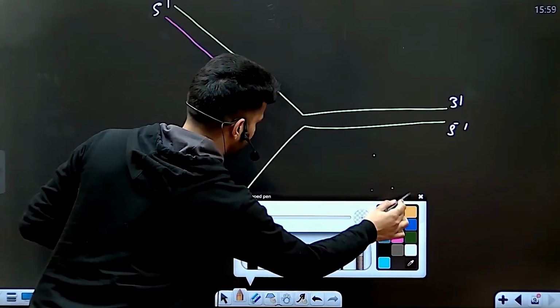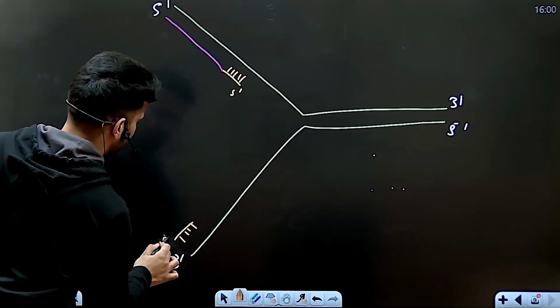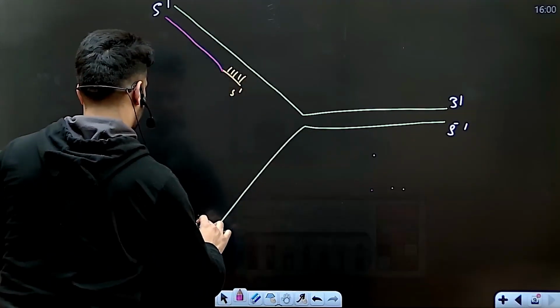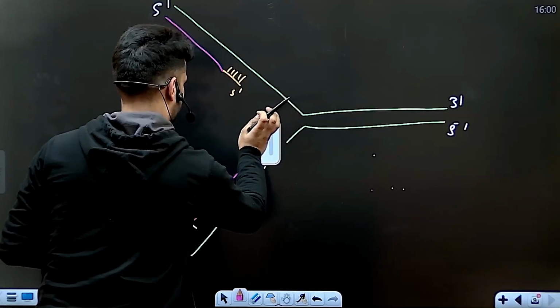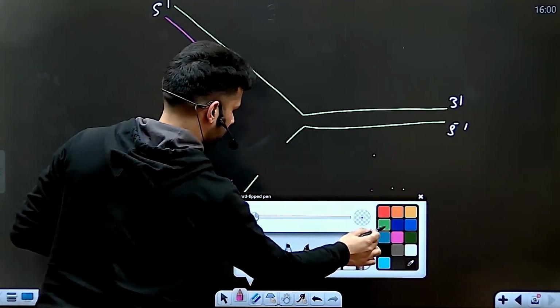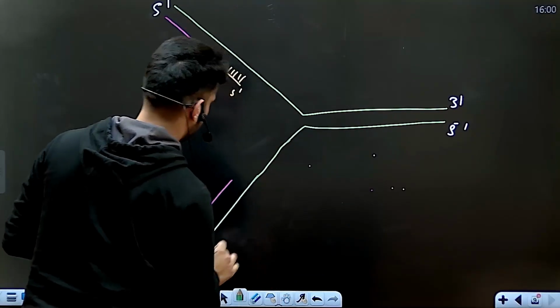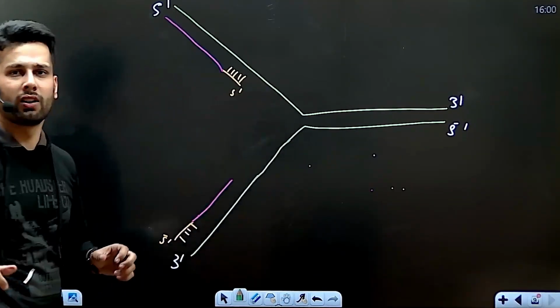Likewise in this strand, our primer was right here with its 5' end, and this replication proceeded to this point. Now as you can see, this portion of DNA has unwound further.